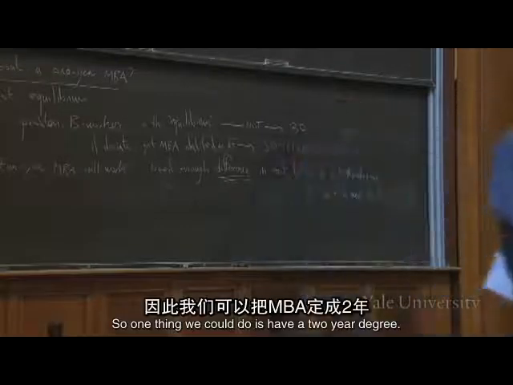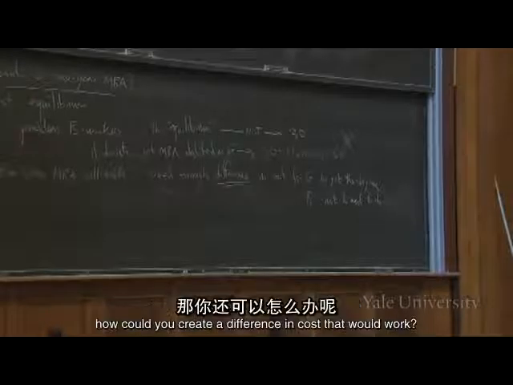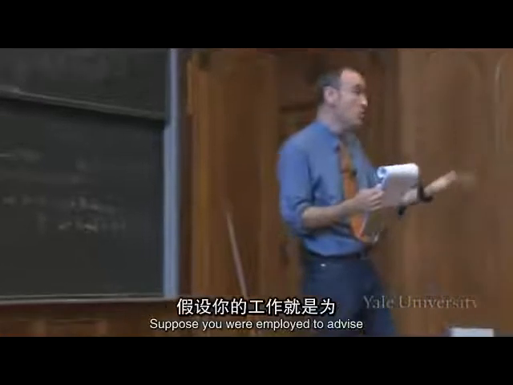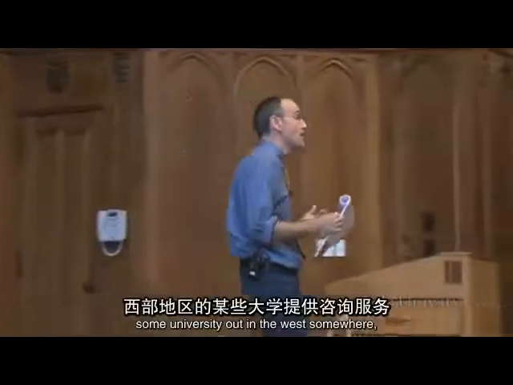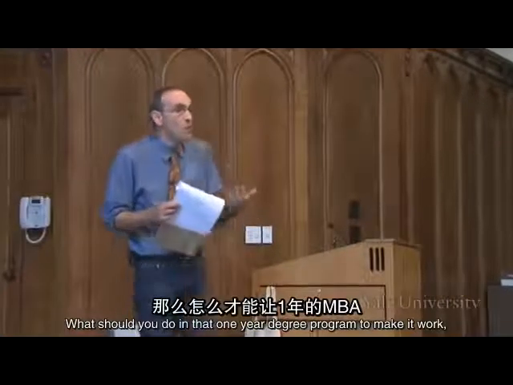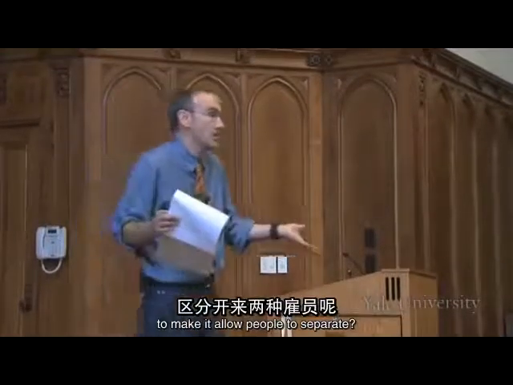So one thing we could do is have a 2-year degree. How else, if you absolutely insisted on having a 1-year degree, could you create a difference in cost that would work? Suppose you were employed to advise some university out in the West somewhere who wants to have a 1-year degree program. What should you do in that program to make it allow people to separate?